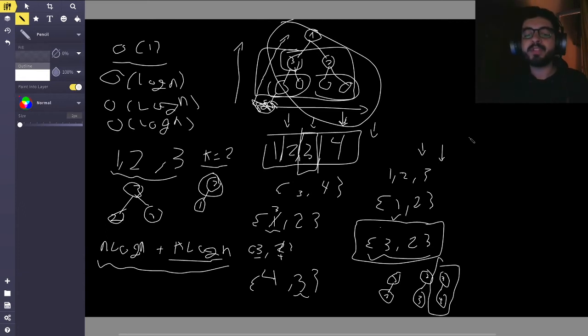But what if we want to get 4 then 3, because we need to maintain the largest hierarchy, meaning the largest one, the second largest one, the third largest one are in sequence.